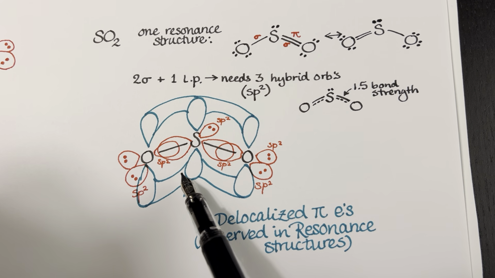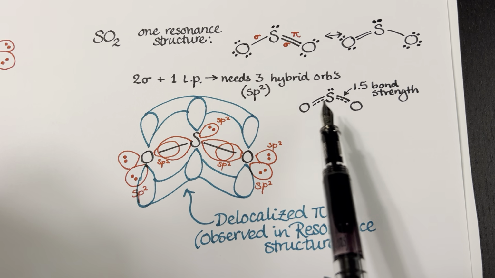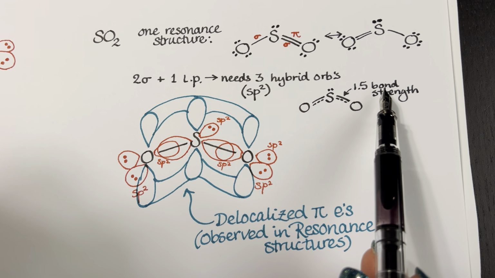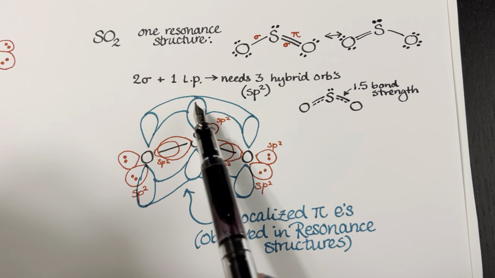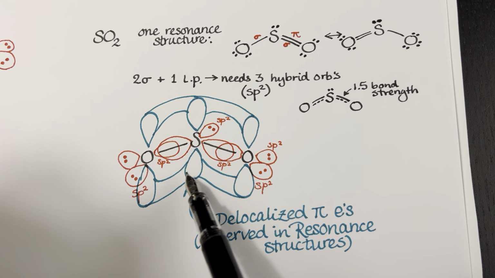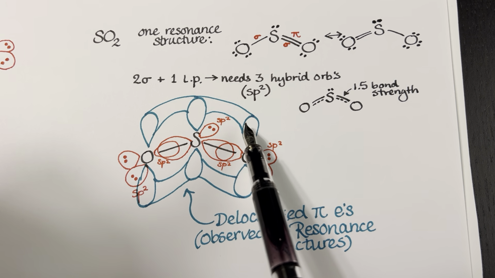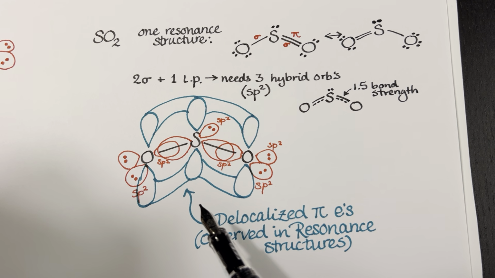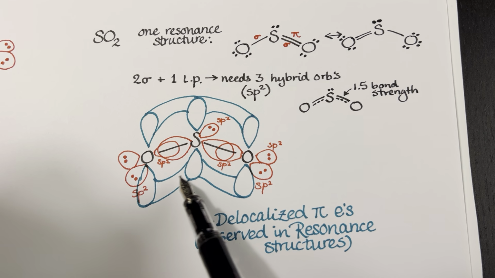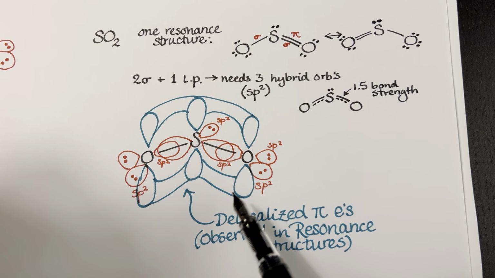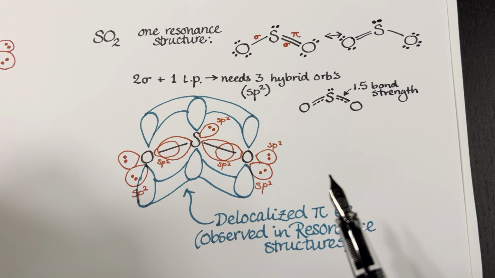And it helps you see how it could be 1.5 bond strength, because you have essentially this big pi orbital above and below the plane, and you have 1 electron pair that is spending time within that space. So, I like it.